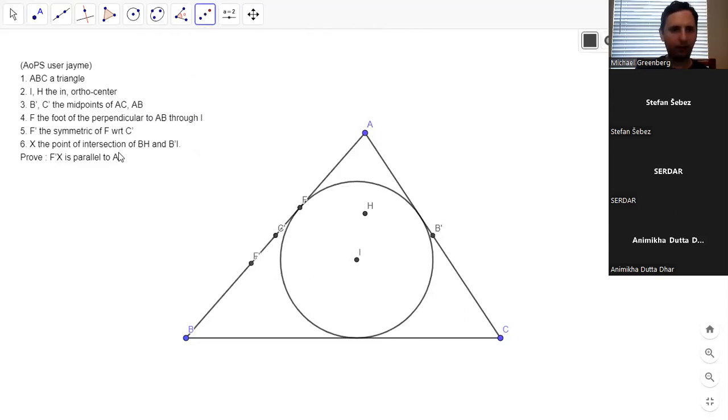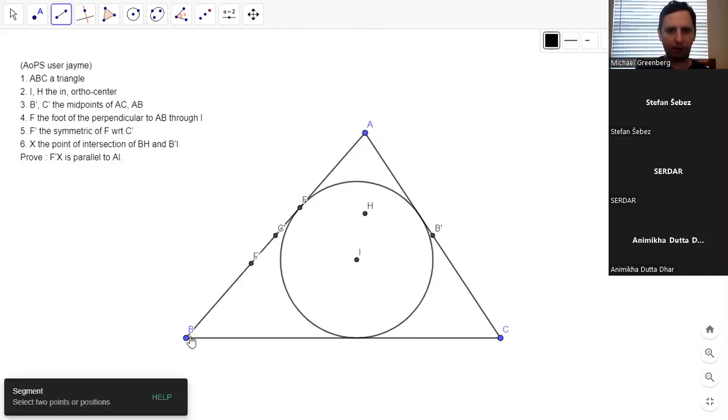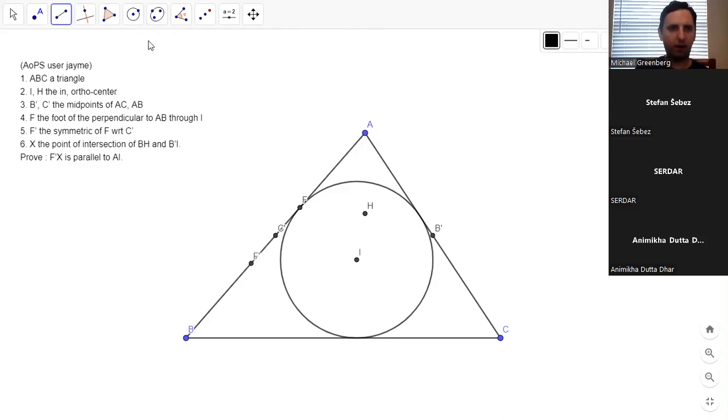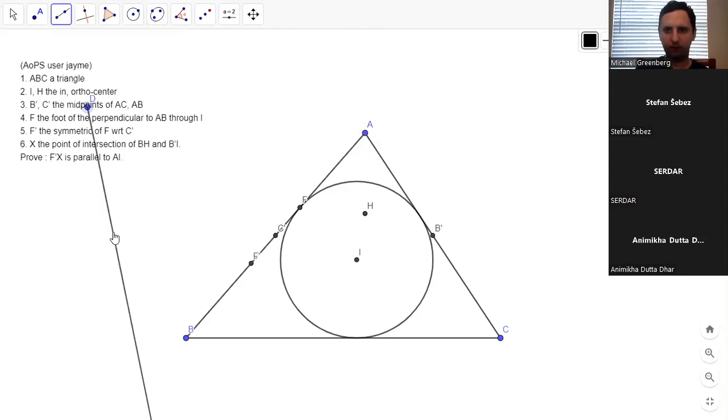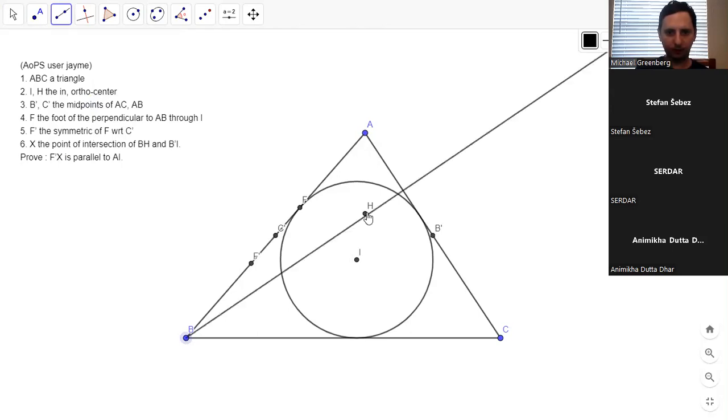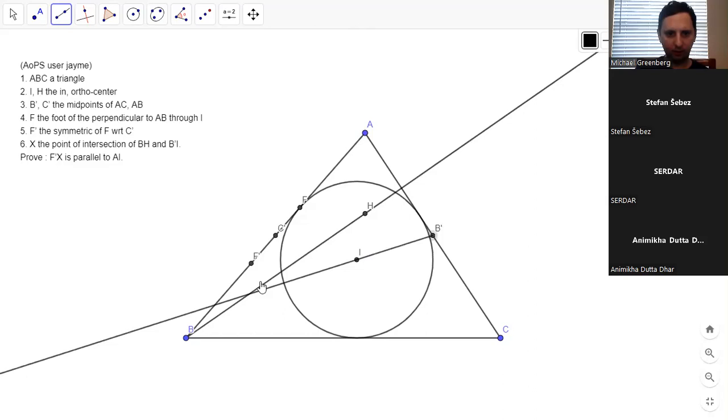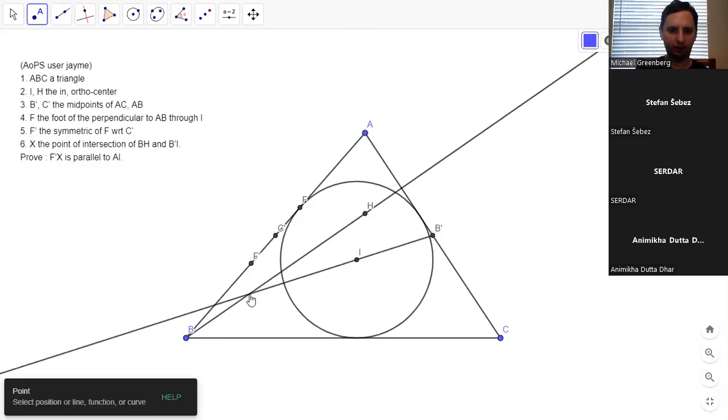And then X is the intersection of BH and B prime I. Okay, so I think X is a point kind of far away. Oh, actually not really. It's not that far away.